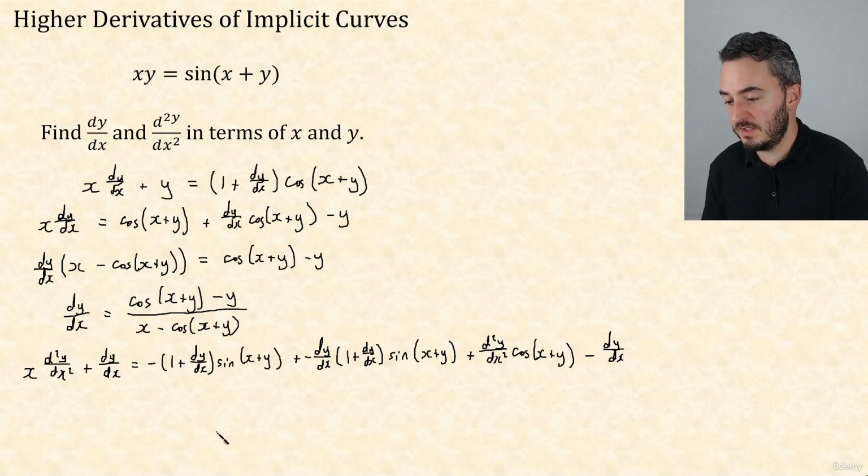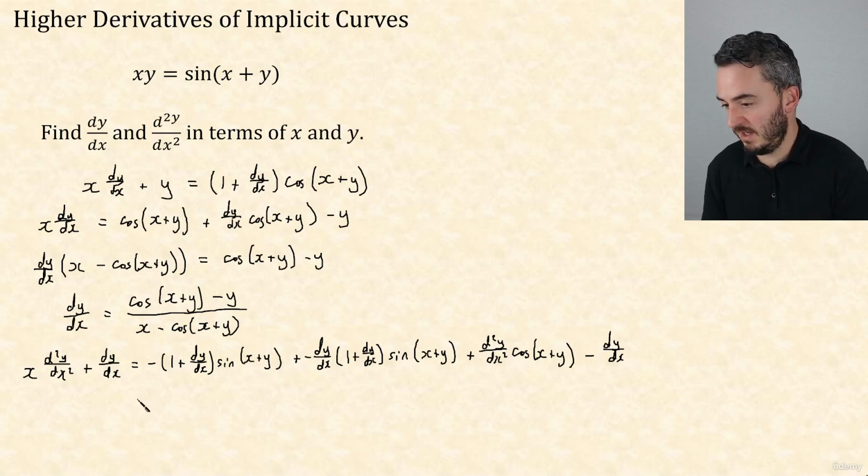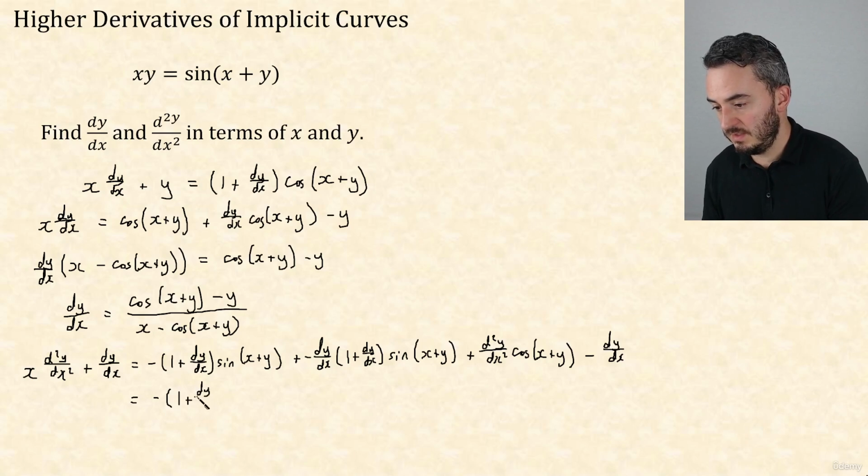If we factorize out (1 plus dy/dx) sin(x+y), what's left is a minus 1 and a minus dy/dx. So overall, that's just a minus (1 plus dy/dx) lots of (1 plus dy/dx) sin(x+y). So that is minus (1 plus dy/dx) squared sin(x+y).